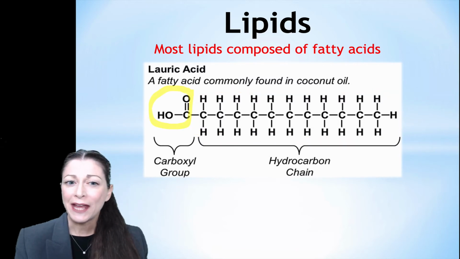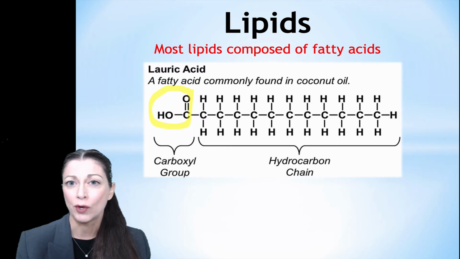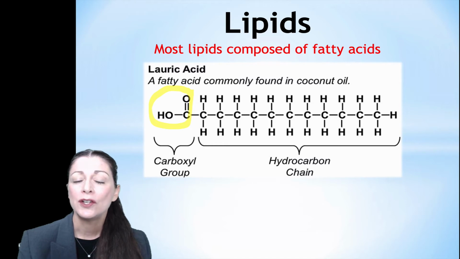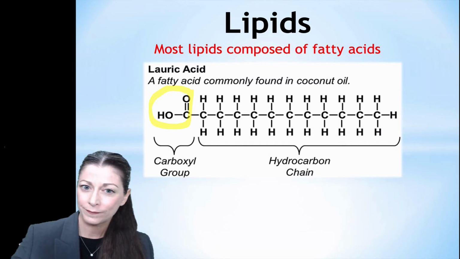At one end of that chain, called the alpha end, there is an acid group called a carboxylic acid group. A carbon, 2 oxygens, and a hydrogen, COOH. That is the alpha end of the fatty acid chain.